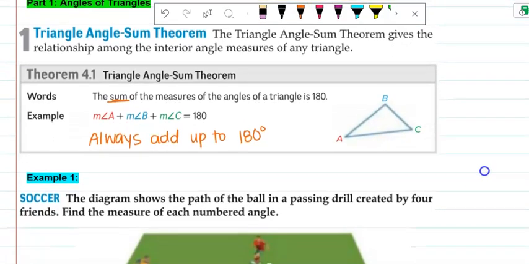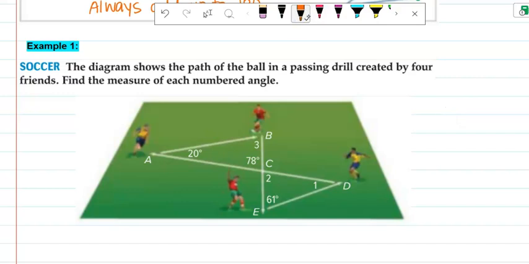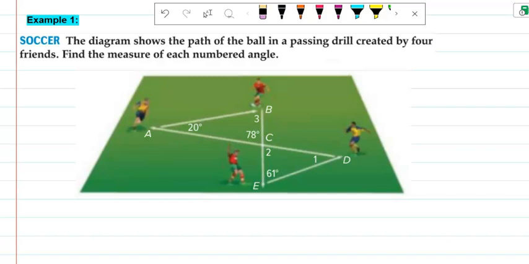So that's super helpful when we're trying to find missing angles, because if we have two angles of a triangle, we can always find the third. So in this example, the diagram shows the path of the ball, and we are finding the measure of each numbered angle.